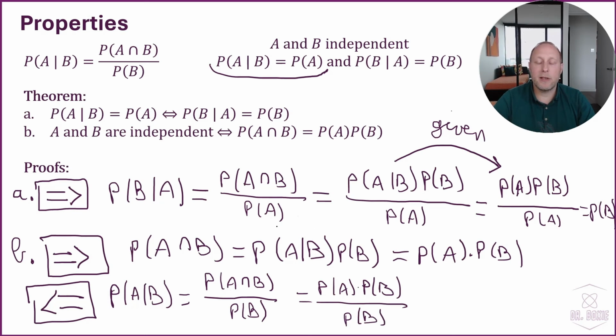And now we cancel P of B in numerator and denominator, and we're left with P of A, which is exactly what we wanted to prove. So we proved the first of the two conditions for independence, but from part A we know that that is sufficient because the other one automatically holds as well. And so with this we have proven both statements of the theorem.